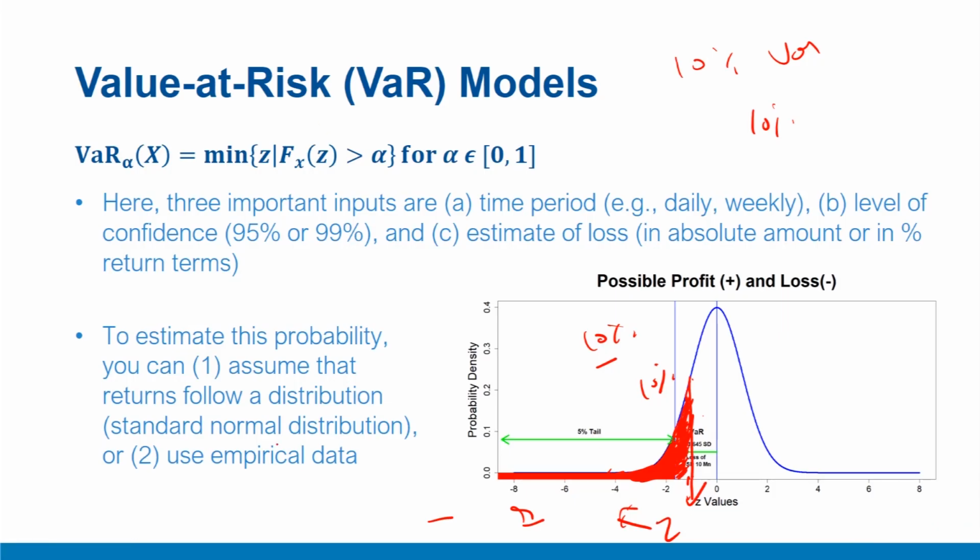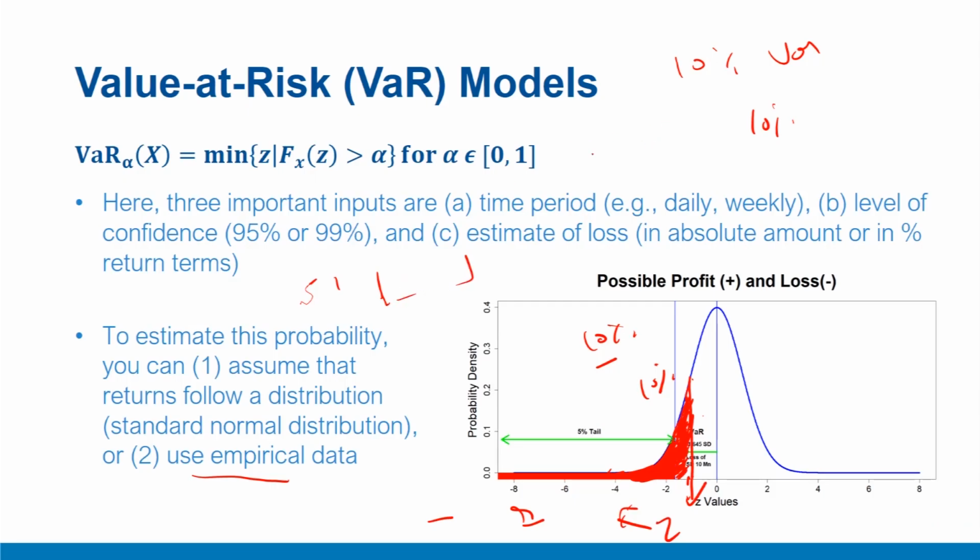The second and empirical way is to have return data, distribution data. We can order this and start examining from the negative side, negative return, or the lower side. And let's say if you are looking for 5% VAR, then you can cut off the extreme lowest 5% observations.